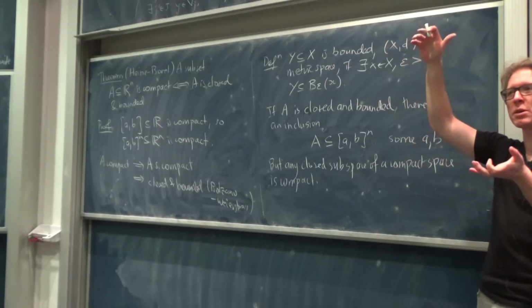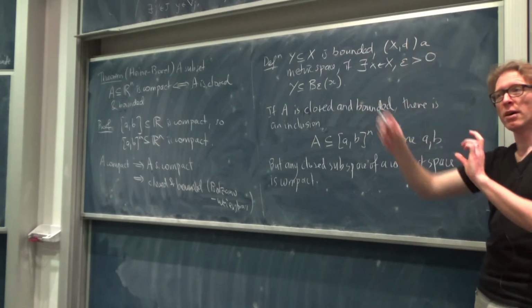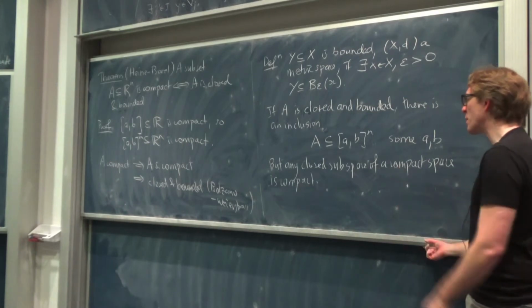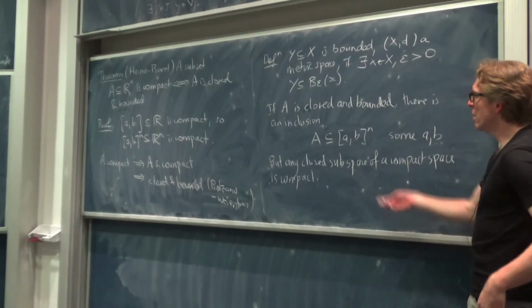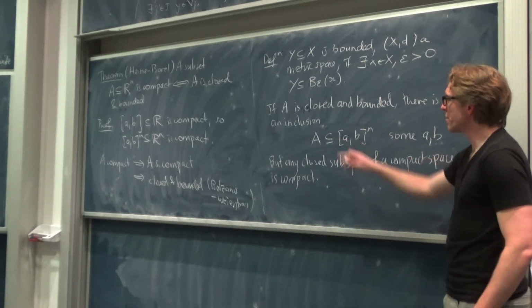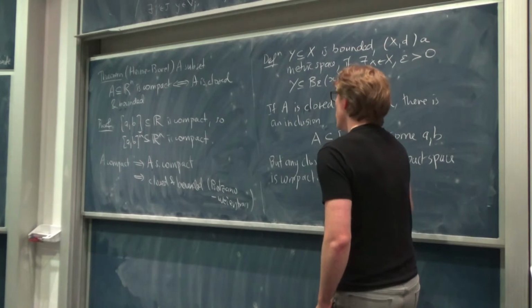That's an open cover of the whole space that has a finite subcover, and that must be a finite subcover of the original closed thing. So a closed subspace of a compact space is compact. Well, so we're done, right? A is a closed subspace of this, that's compact, so therefore A is compact.